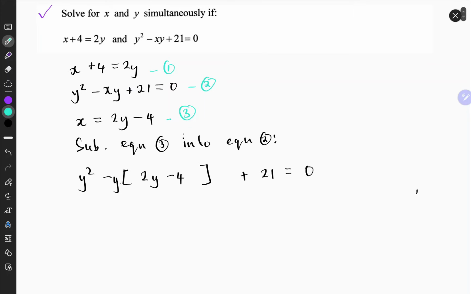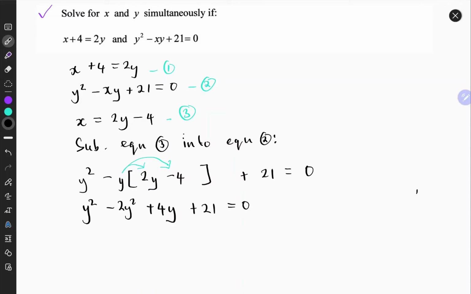So now we have an equation that has y throughout, so it becomes possible for us to solve for y. So this here is y squared minus 2y squared plus 4y, if I apply the distributive property, plus 21 is equal to 0.